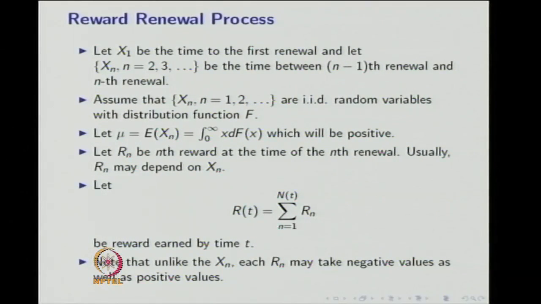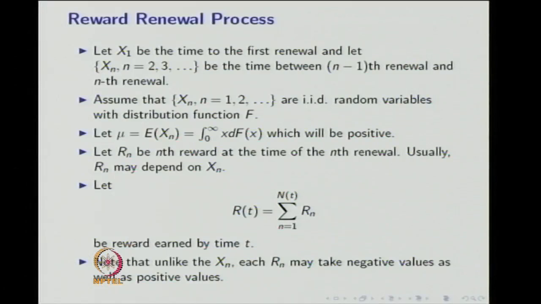Now we define a new random variable R of t, which is the summation of Rn, where n runs from 1 to N of t, where N of t is a renewal process. The collection of R of t for t greater than or equal to 0 is called a reward renewal process. R of t is the reward earned by time t.